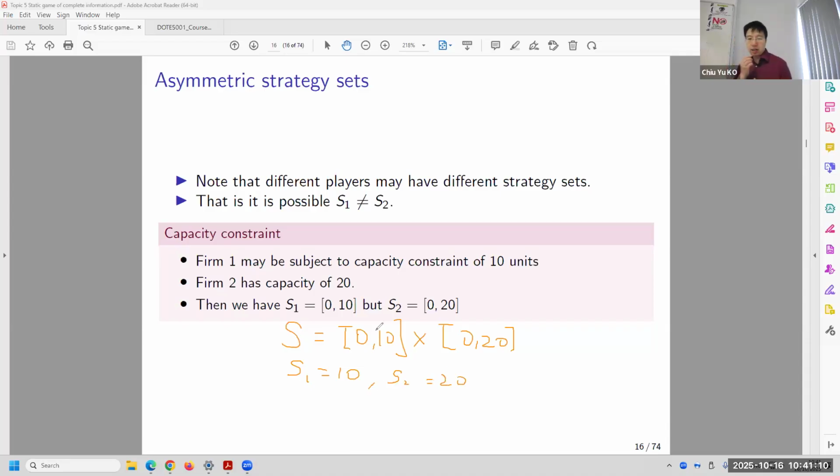And small s1 and small s2 can be any number: s1 is 0 to 10, and then small s2 is any number between 0 to 20. So big S is the Cartesian product of the S_i. And why? Because the payoff function has to take one thing from 0 to 10 and one thing from 0 to 20, and then tell you what the payoff for each firm is, right? So that's what the payoff function tells. I hope that part is more clear.